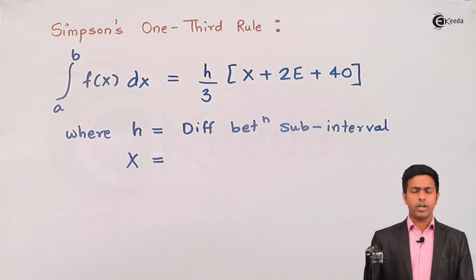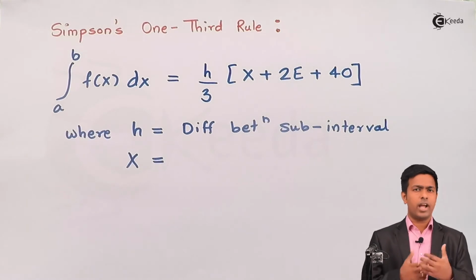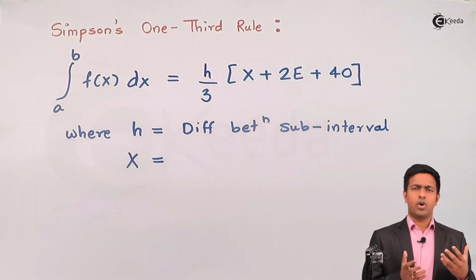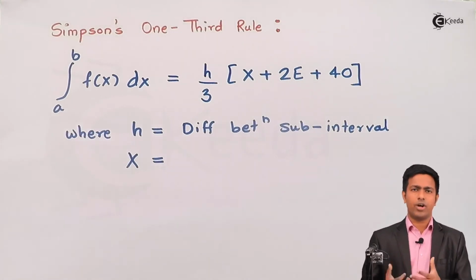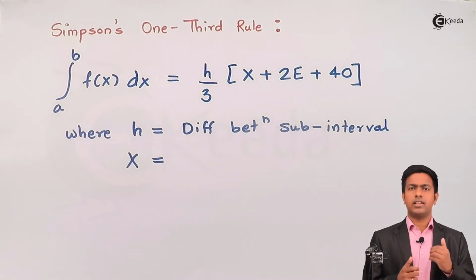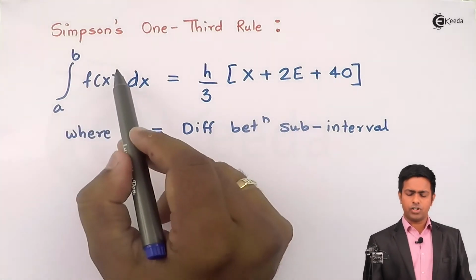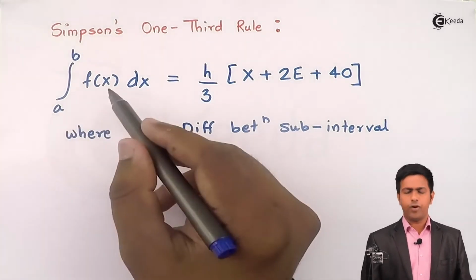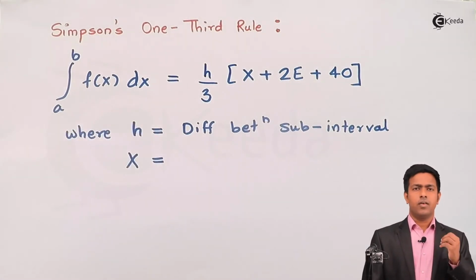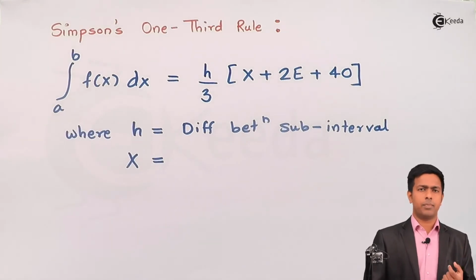Now an ordinate is nothing but the y coordinate, because we call the x coordinate the abscissa and the y coordinate the ordinate. Now how do we get the y coordinate? Here we have the function f of x. Whenever we put any value of x in f of x, we get the value of the function at that point.